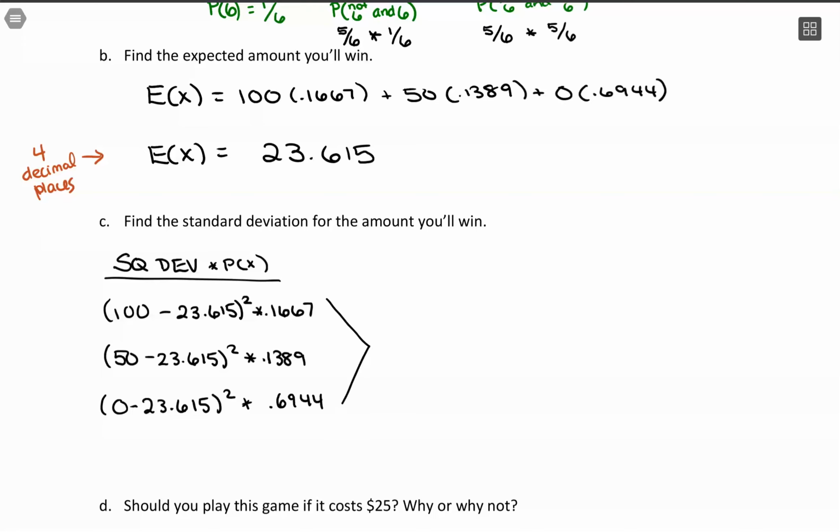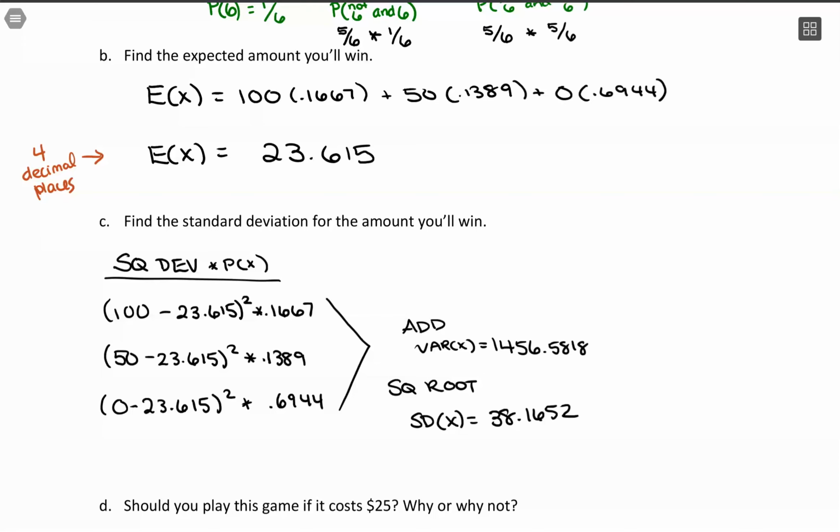And then what we'll do is add up those values to get our variance, which in the calculator should give you a 1,456.5818. And then you'll want to take the square root to get the standard deviation, which will be a 38.1652.